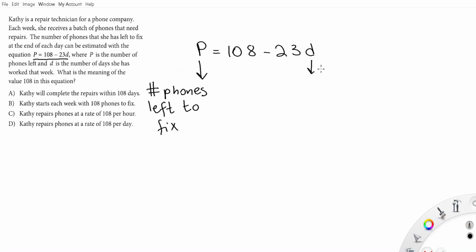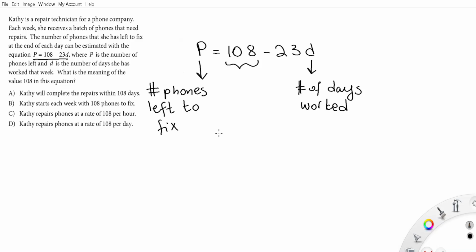So D is number of days worked every week. So D is also a variable because every week she's going to work a different amount. They don't say anything about what the number 23 represents, and they're not asking me to find it. What I do need to find is what does 108 mean?